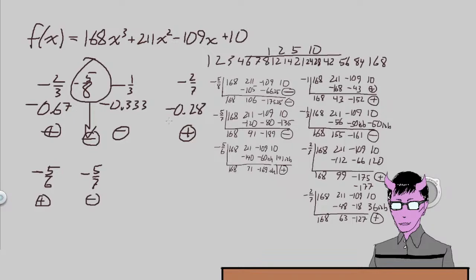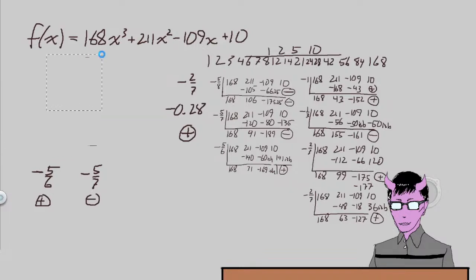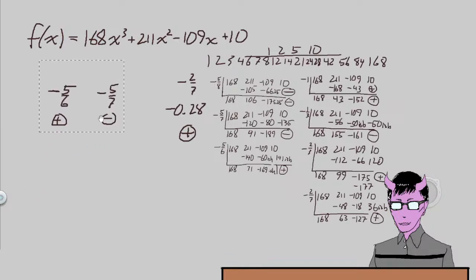Alright, but now comes the tedious task, the arduous task. What's between -5/6 and -5/7? That's hiding within our candidates, right? And unfortunately, I don't have a good eye for these things. So let me delete this first. Let us take this and put it here.